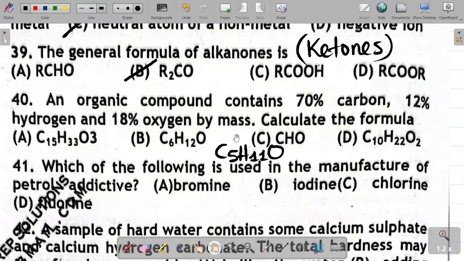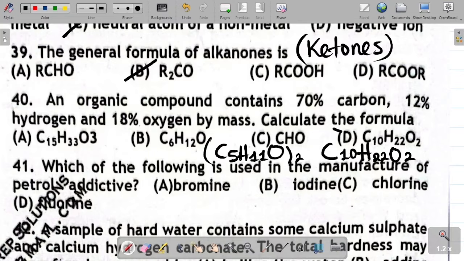Now, what we see here is actually the empirical formula. If you compare this with the answers there, you can see that D has C10H22O2, which is simply multiplying this by 2. If you multiply this by 2, C 5 times 2 is 10, H 11 times 2 is 22, and O 1 times 2 is O2.